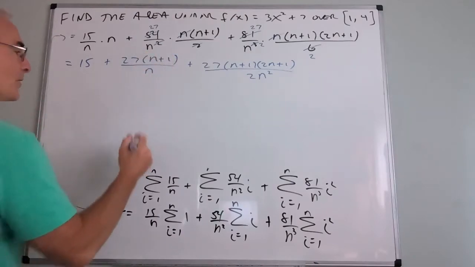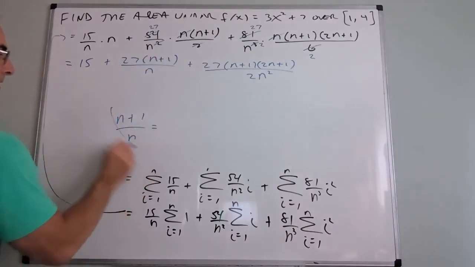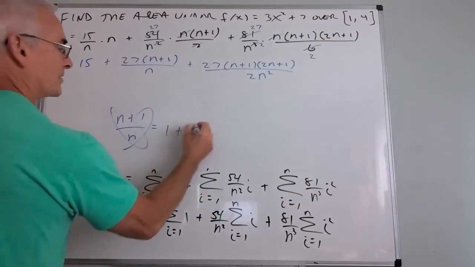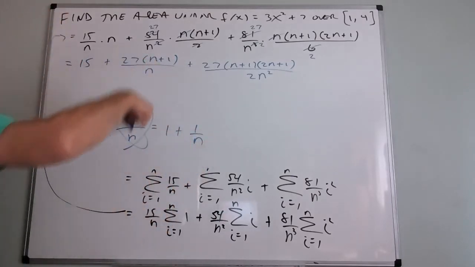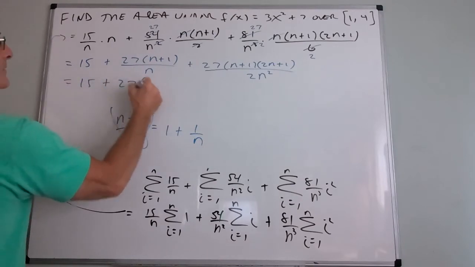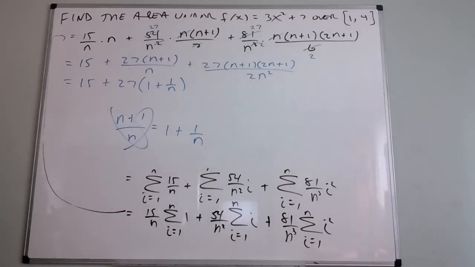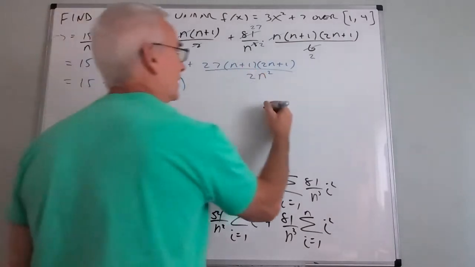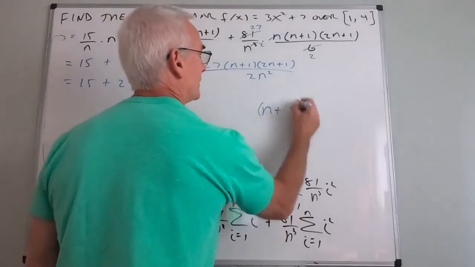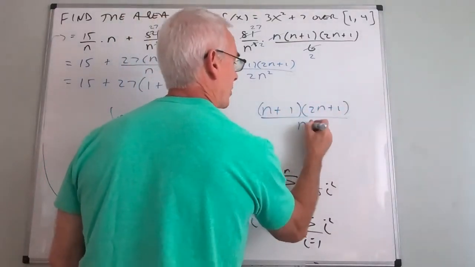n plus 1 over n. Can I write that as 1 plus 1 over n? Yeah. So I'm going to rewrite this as 27 times 1 plus 1 over n. Over here, I've got n plus 1 times 2n plus 1, and I just want the n squared part.